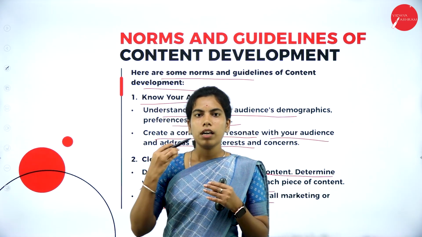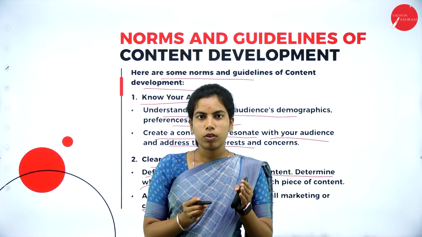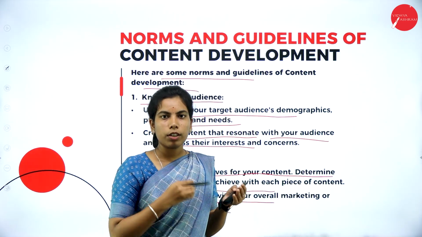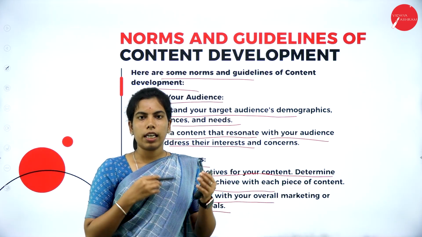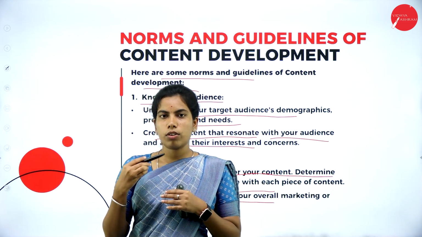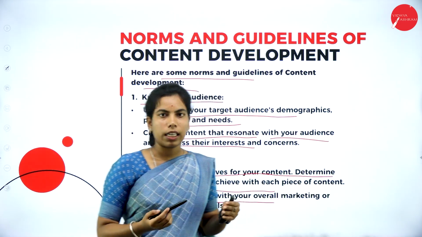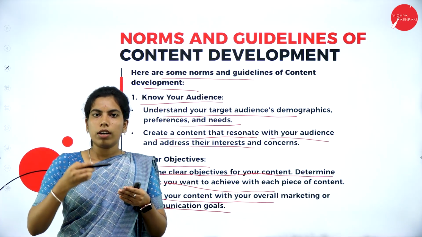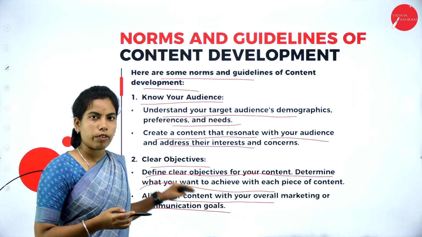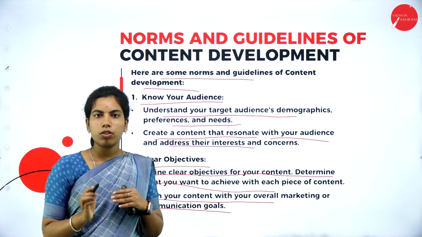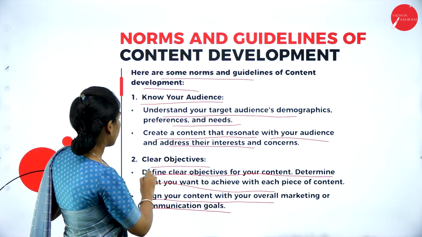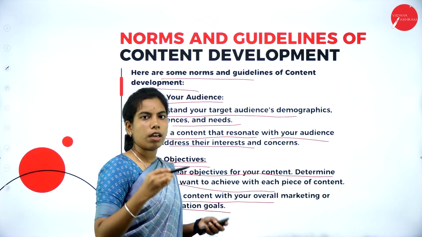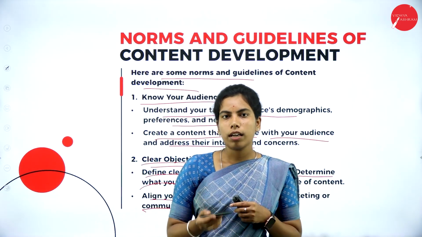For example, if a user only likes travel vlogs and food, the website only shows that content, not video lectures and recipes, not like that. If a user only likes food recipes, traveling vlogs, or clothing vlogs, the website only shows those videos, right? So likewise, we have to clear the objective before posting the content to the website.